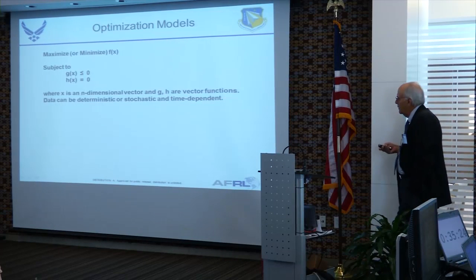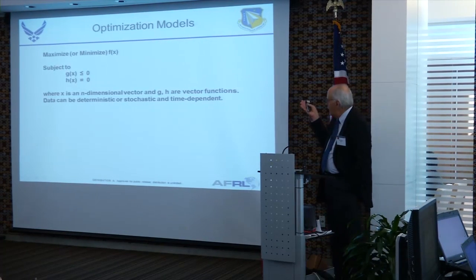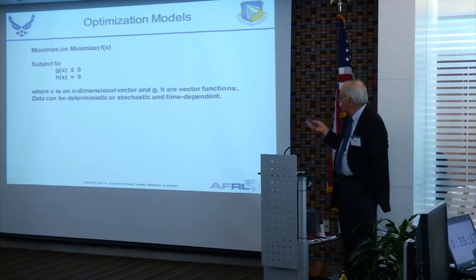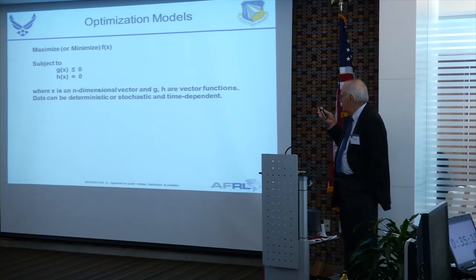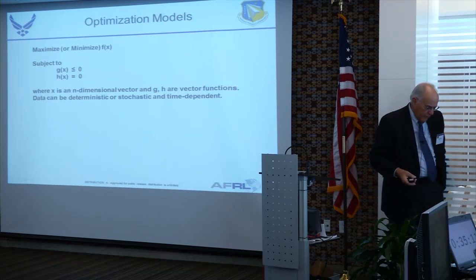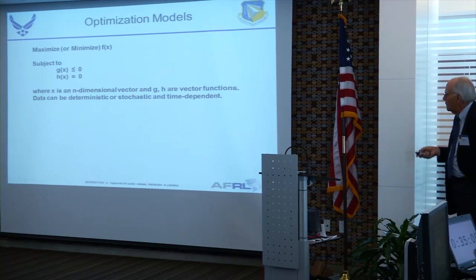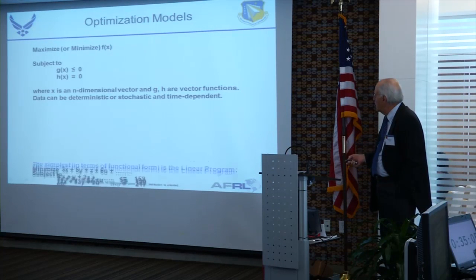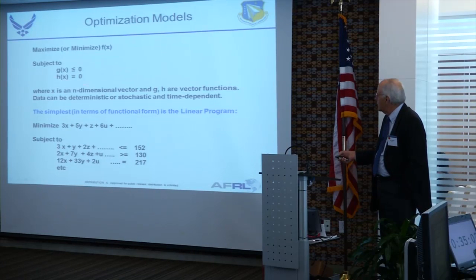Just briefly, and in vector notation, you have some sort of function, and you have constraints, and for the interest of simplicity, we just have one long vector x of unknowns. Many parameters are in here, and as time has gone by, we've started moving more and more from the deterministic to the more stochastic and time-dependent problems.